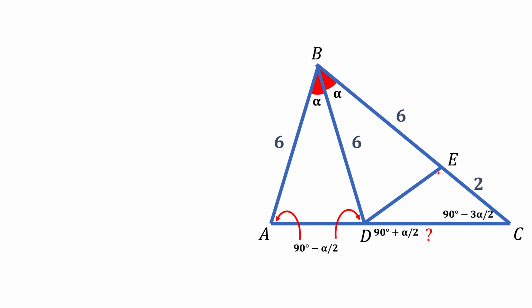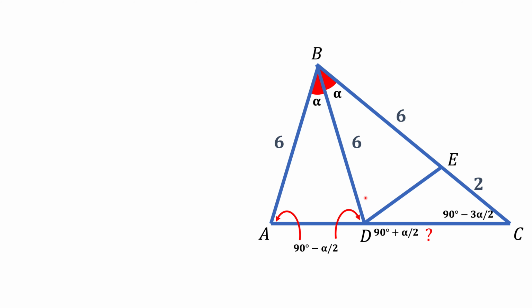Now we connected D and E. And now, if you look at this picture, you find that the triangle DBE is identical to the triangle ABD. They're congruent. Now if we look at what we got, two extra triangles.